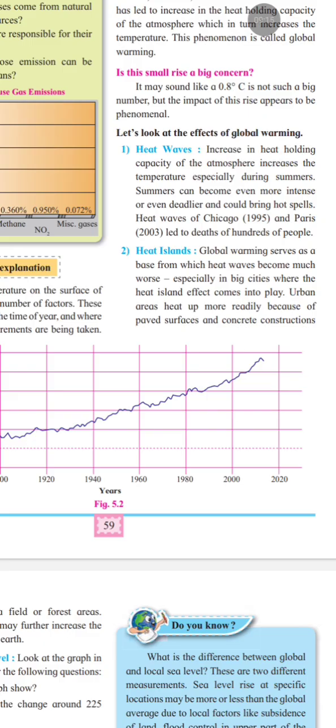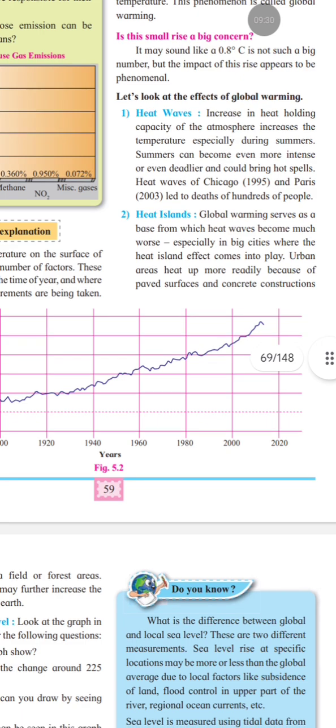Now, why do cities become hotter? Urban areas contain a lot of concrete buildings, paved roads, and other hard surfaces. These surfaces absorb and retain heat more readily than natural areas such as fields and forests.